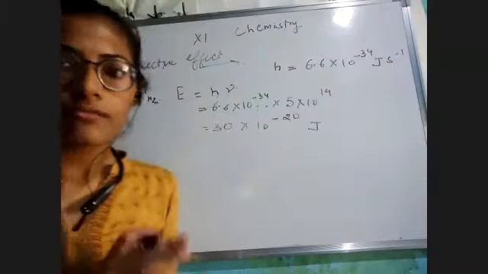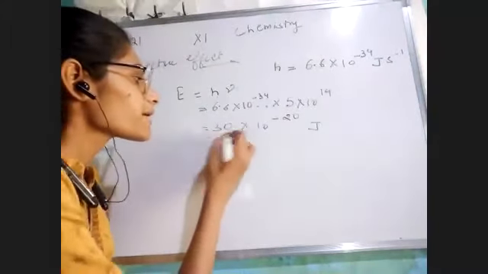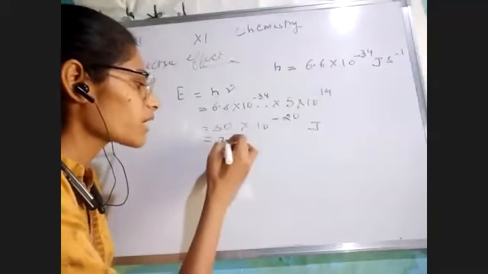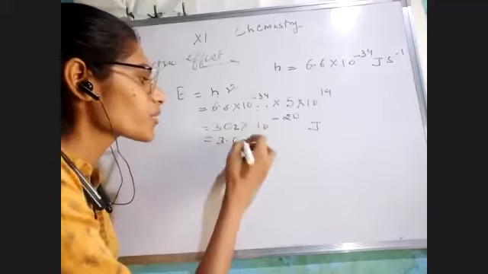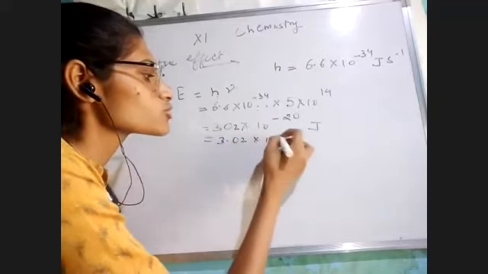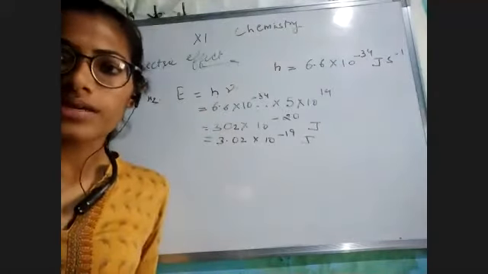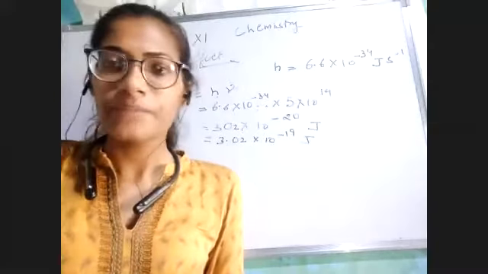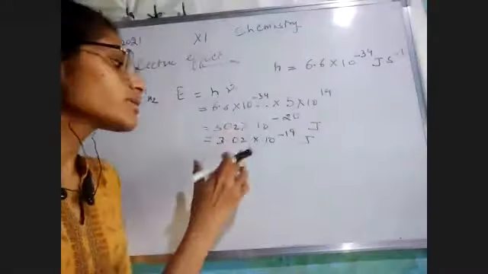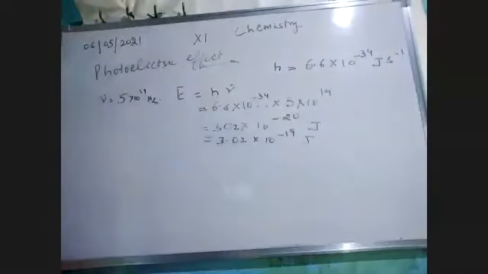Also, whenever we are talking in chemistry, do one thing, put the decimal after 1 digit. So suppose it's 30.2, it would be 3.02 into 10 raised to power minus 19. Just to make our concept clearer, just to make it a little more beautiful in chemistry language. Nothing else. It's also fine, but it would be nice. Okay, and the numerical we have discussed.